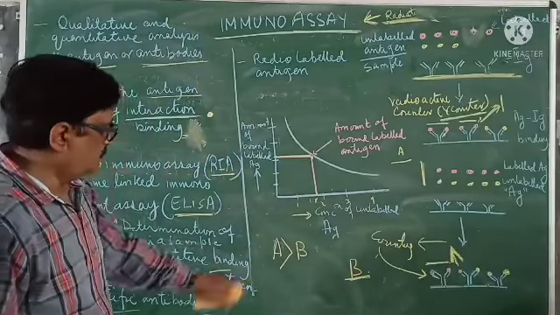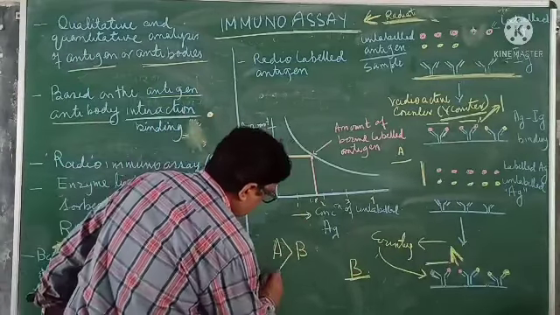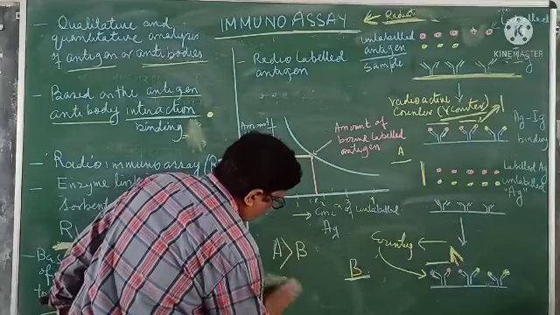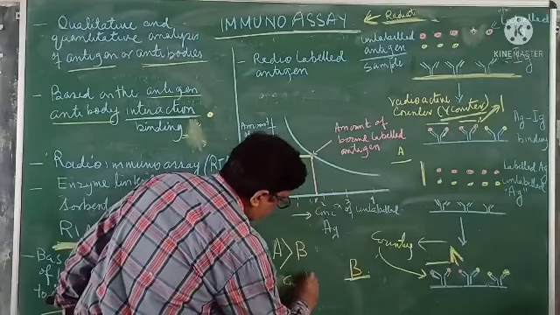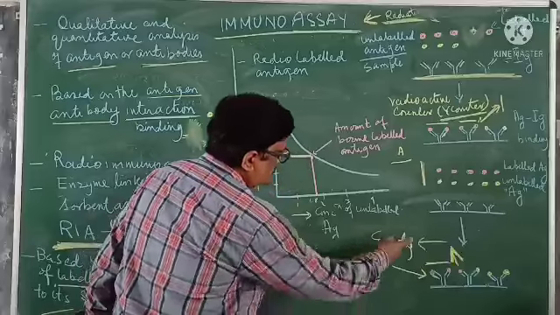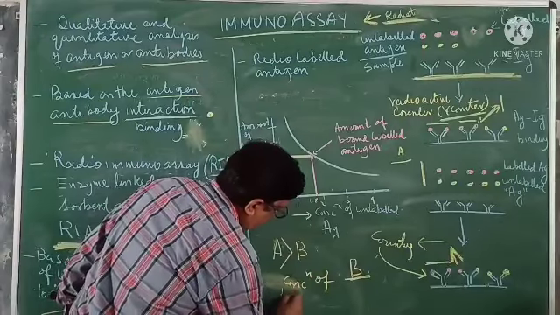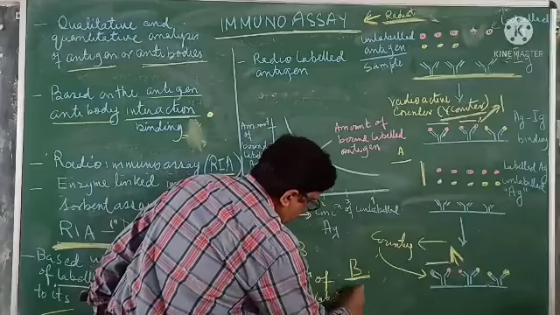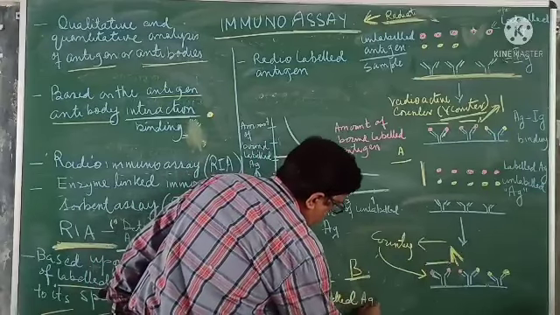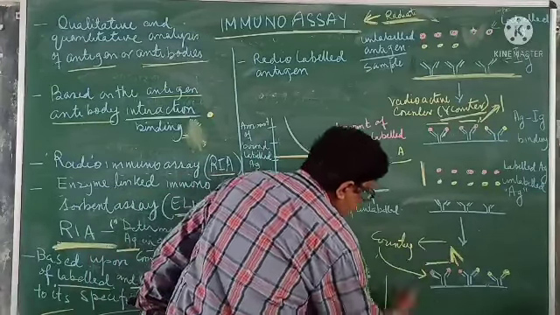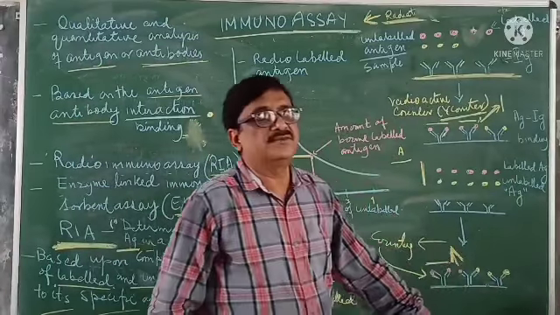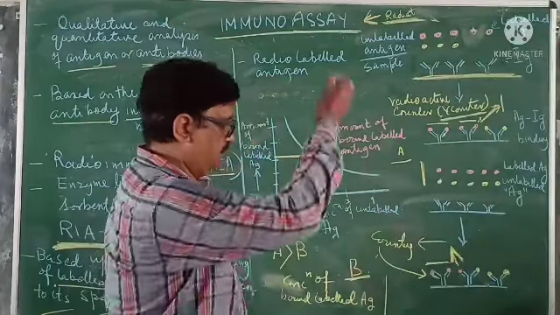How? The concentration of bound labeled antigen will decrease as the amount of unlabeled antigen increases.